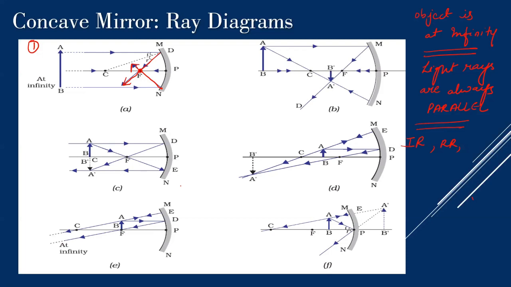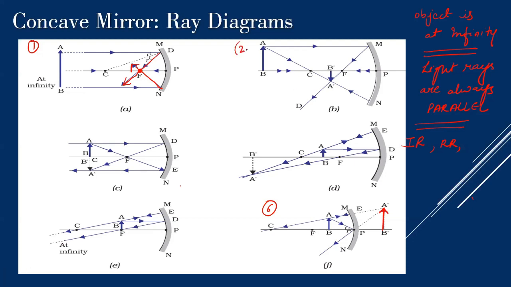Always remember, we had discussed this in the last class. Images which are formed behind the mirror, for example, if you observe case number 6, in the sixth case, you see this A dash B dash, this image is formed behind the mirror, hence it's a virtual image, right? Images in case of spherical mirrors, images which are formed in front of the mirror are always real. Images which are formed behind the mirror are always virtual. Okay, so there goes our first diagram.